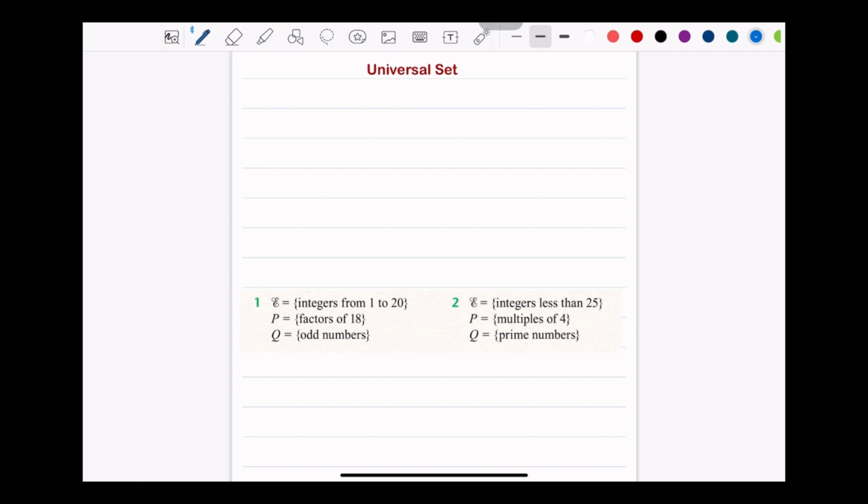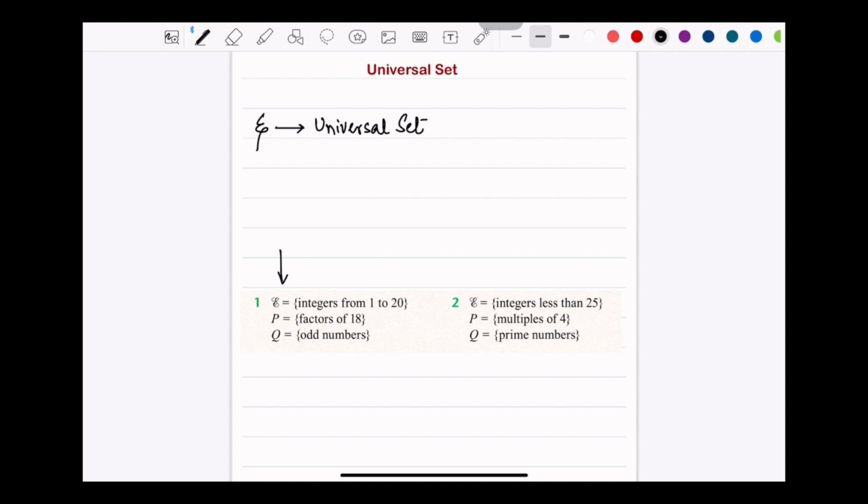So we represent the universal set with a joined-handwriting E, and this is what a universal set is. You can see this here as well. This is how it is written.